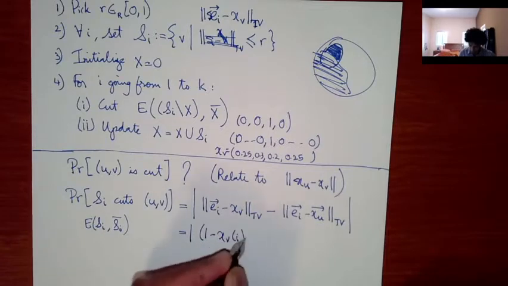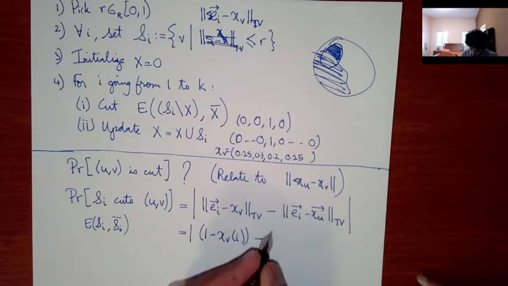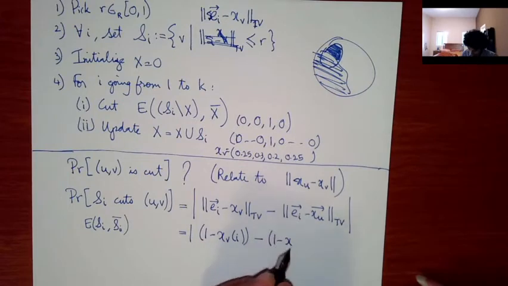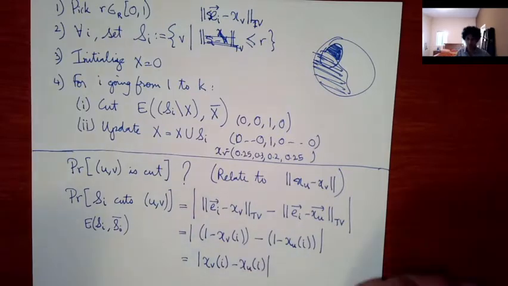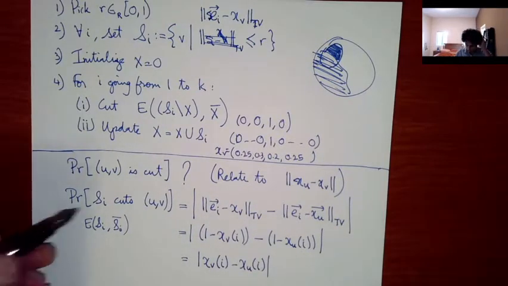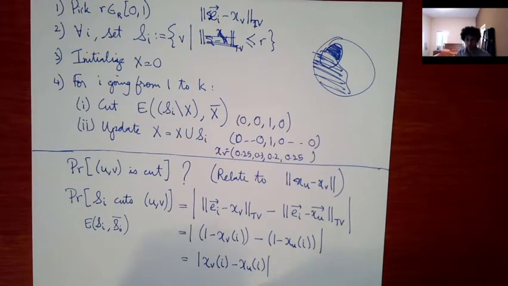Is that useful? You'll see that it's quite useful because this is 1 minus XUI. And so what is this difference now? XVI minus XUI. So this is the probability that SI cuts UV, XVI minus XUI.